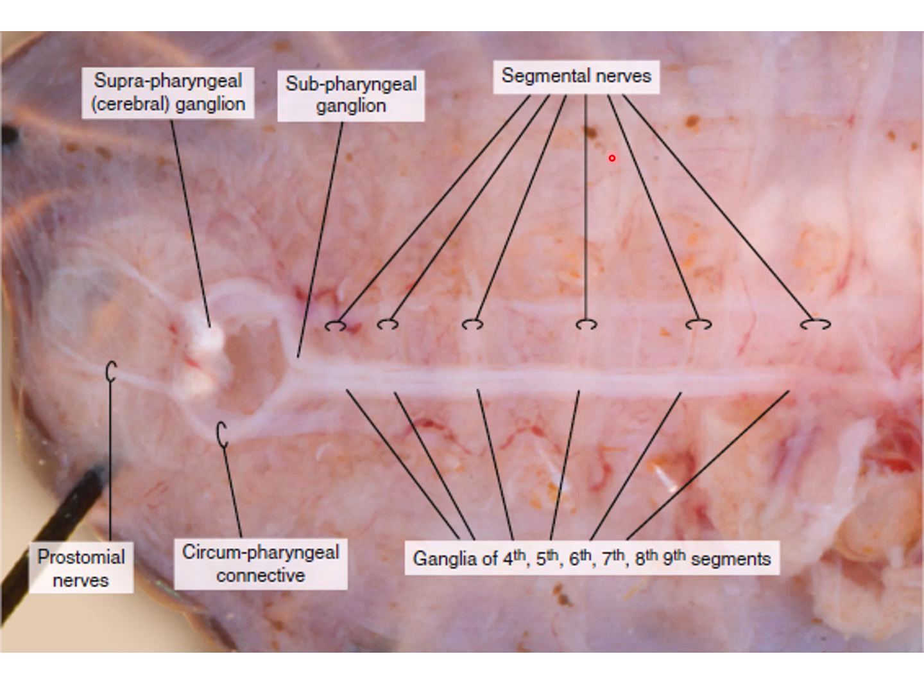Now we have removed the digestive system and pushed it away from the ventral side. We can easily see this thread-like nerve cord, and it is running throughout the length of the earthworm. We can observe the subpharyngeal ganglia, and then we can see segmental nerves from the ganglia that are present in each segment.